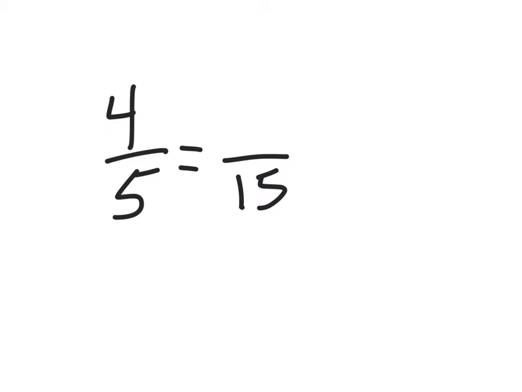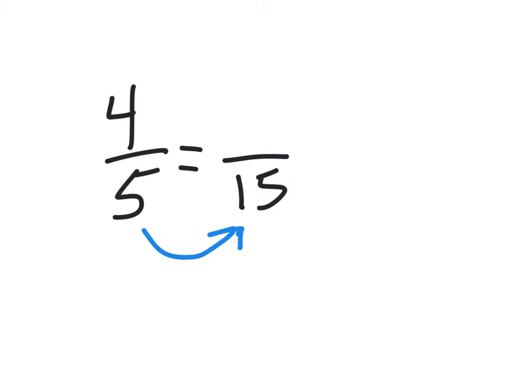In this case, 15 is a multiple of 5. So I had to multiply by some whole number in order to get from 5 to 15, and it will always work out that way. I'm not going to change that bottom number from 5 to, say, 14, as we would never do that in any scenario because 14 is not a multiple of 5. And this will make more sense as we get into our addition of fractions here in just a little while.